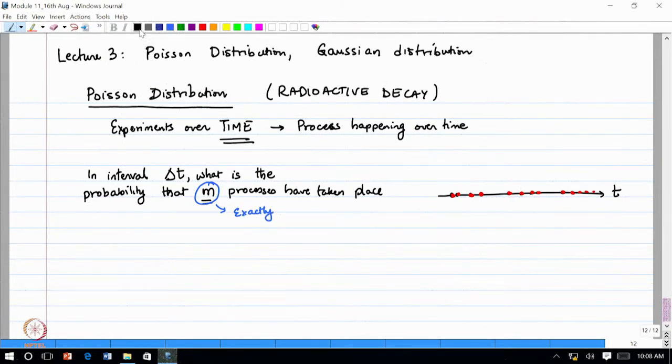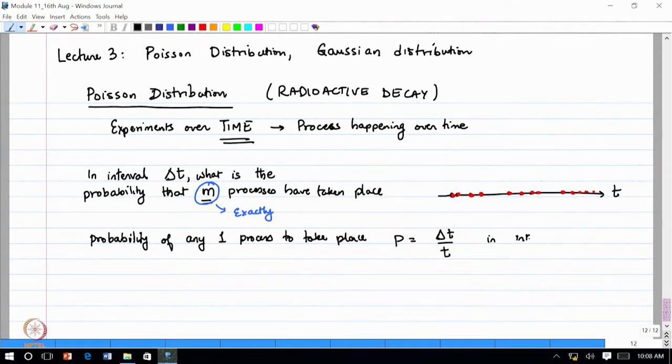And what we will assume is that the probability of any one process to take place in interval delta t is p equal to delta t by t, where t is the total time.